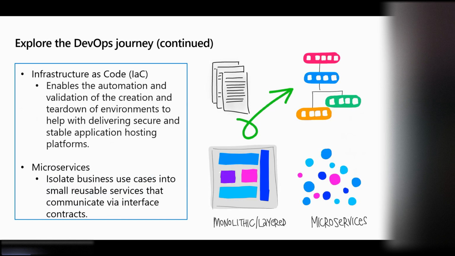Infrastructure as code is something that's good because infrastructure as code enables automation and validation and basically the creation and tear down of environments. Okay, if you write an infrastructure as code file, it lists out several steps that can actually be done to create an environment.